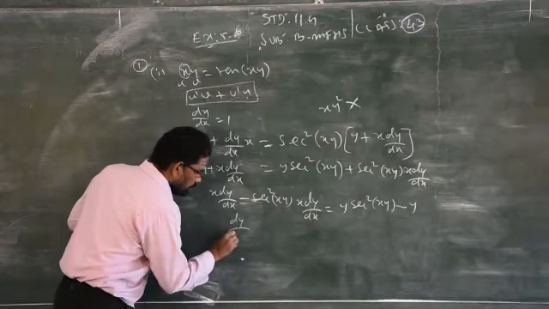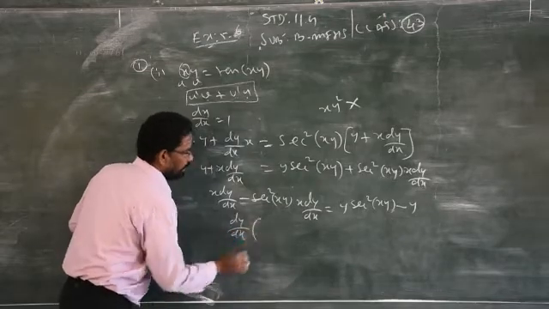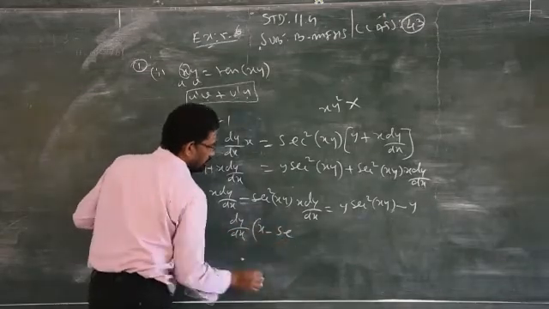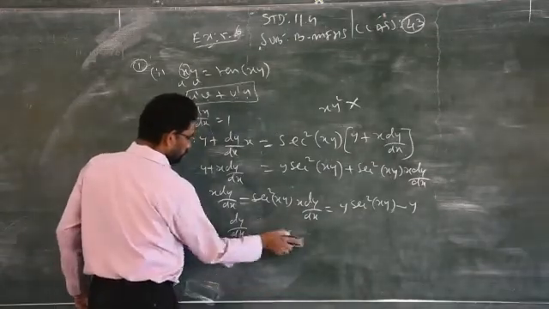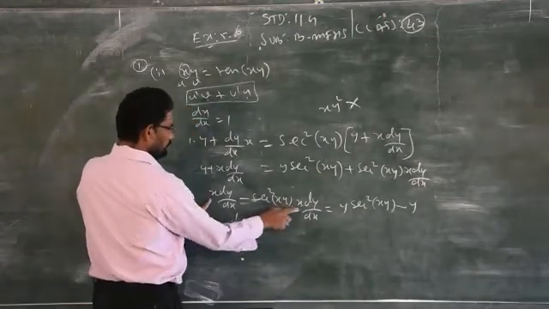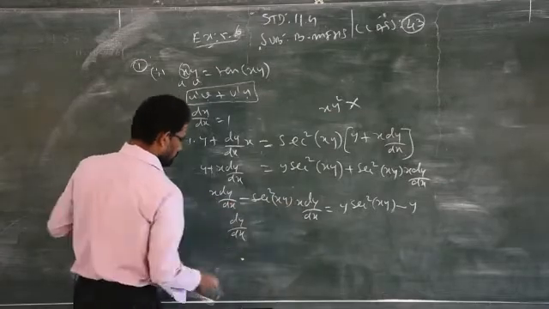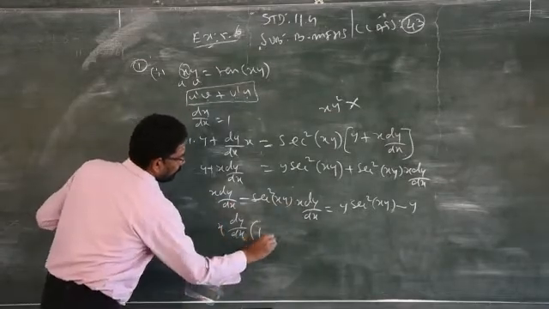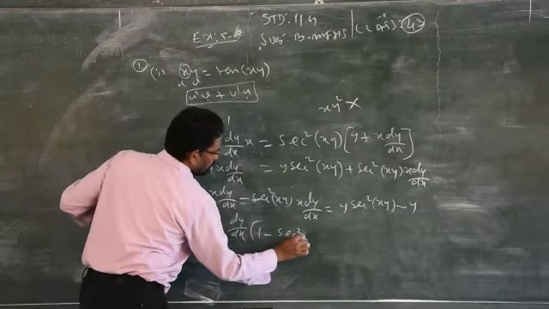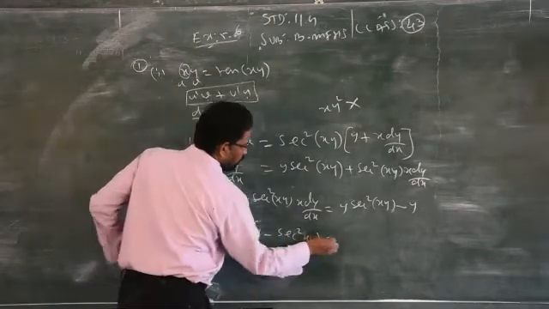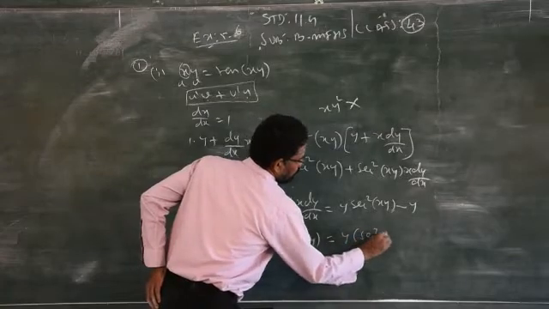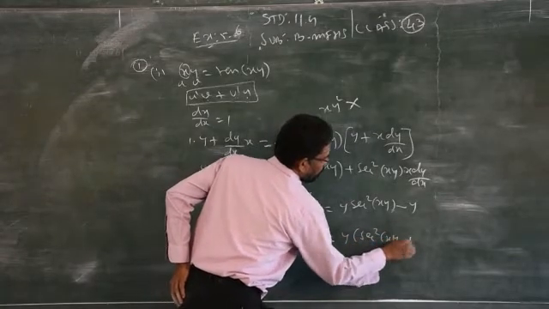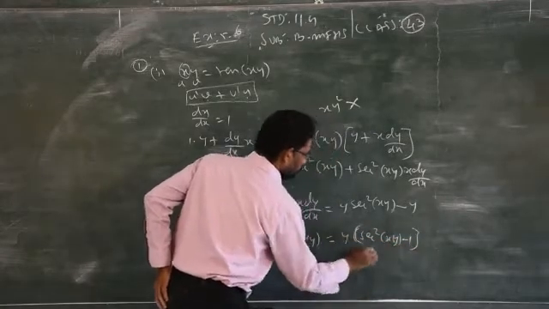So take dy by dx as a common factor, x minus x, you can take x also as common, x dy by dx, 1 minus secant square xy is equal to, you take y outside, secant square xy minus 1.